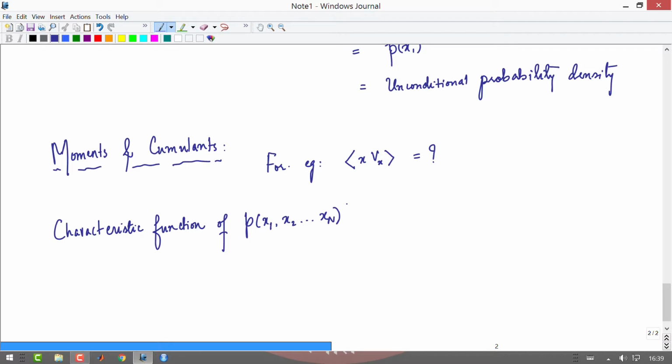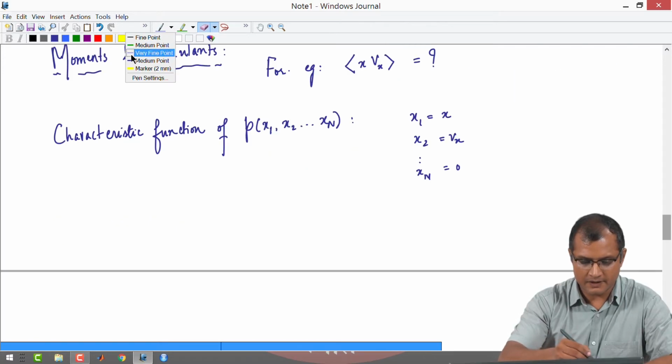Okay. Now, I could take my x1 as x, x2 as Vx, and all other values of x as 0. Then this would give me the expectation value of xVx. This characteristic function would give me the expectation value of these variables.